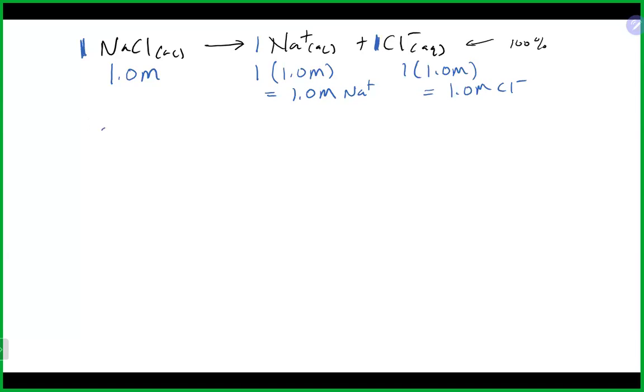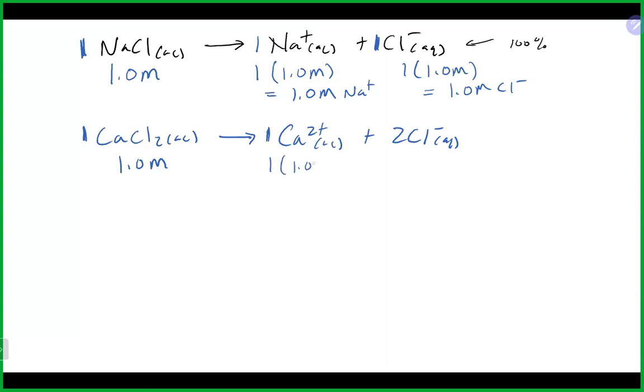Now, if I took calcium chloride solution, and it was a 1 molar solution, when calcium chloride breaks apart in solution, we will get a calcium ion, and we'll get a couple of chloride ions basically breaking apart. And in this case, if we're interested in the concentration of calcium, it is a 1-to-1 relationship between them, which means it would be 1 times 1 molar.